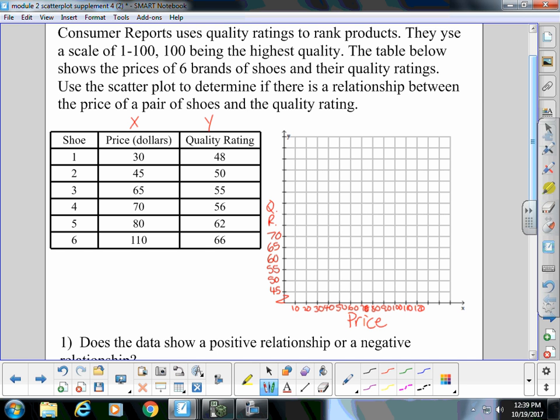Okay, so for my first ordered pair, it's 30, 48. So 30 and then approximately 48. My next point is 45, so it's halfway between 40 and 50, and 50. Next ordered pair, 65, 55.